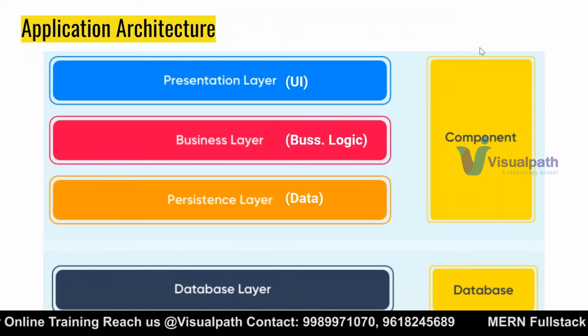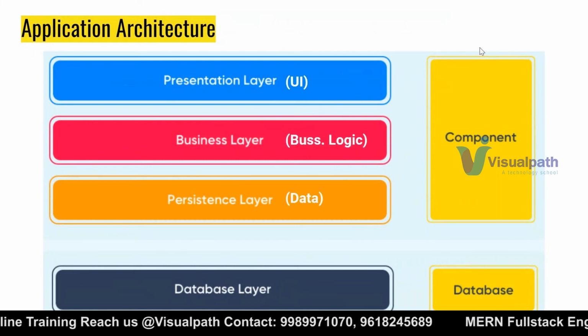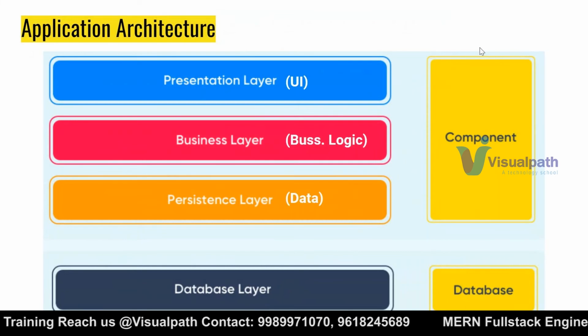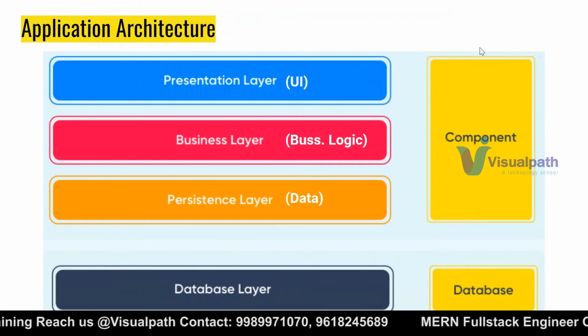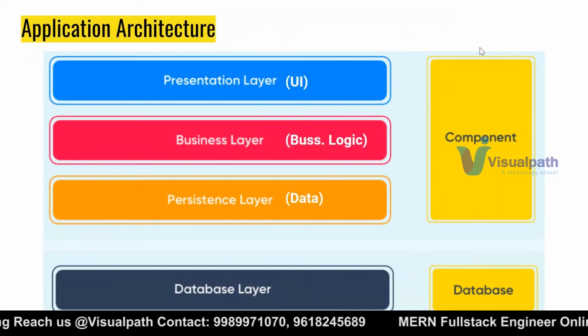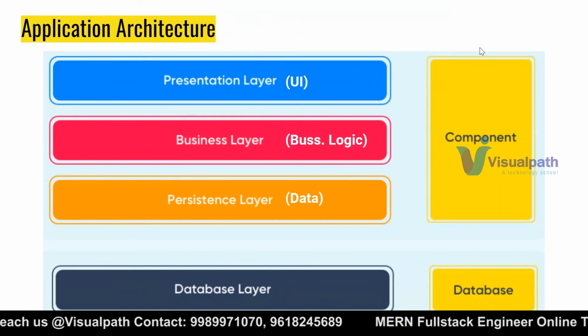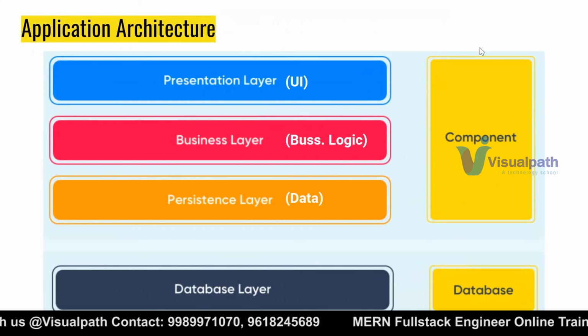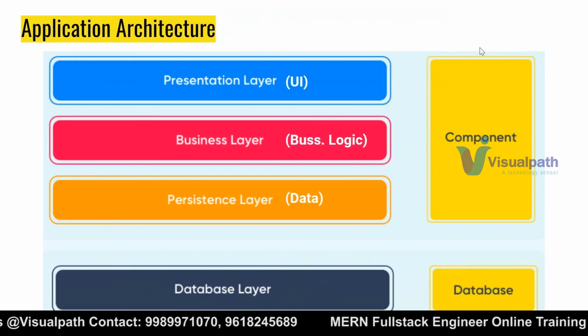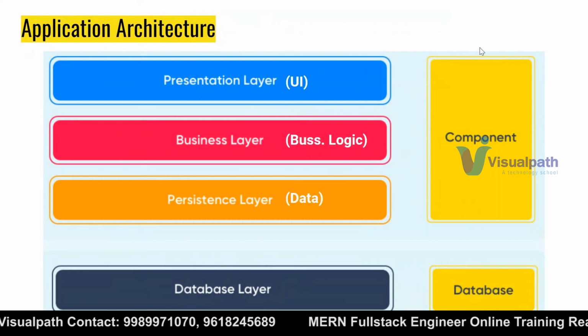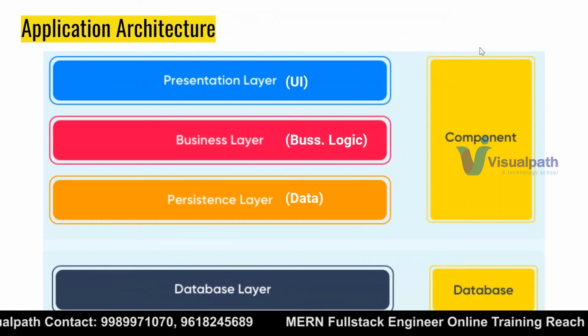If you want to write a to-do API, a blog API, or a social media API, the business layer is where it sits. The persistent layer is the data, and the data layer is where you define the structure of a table.